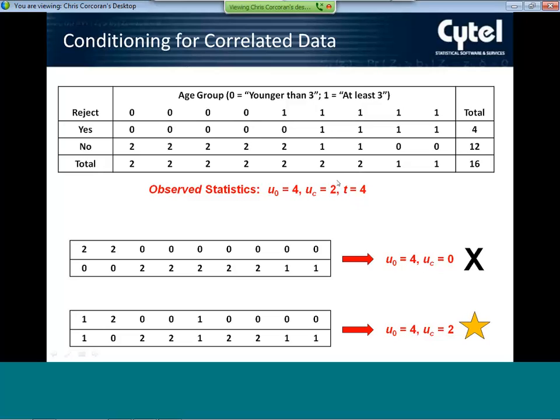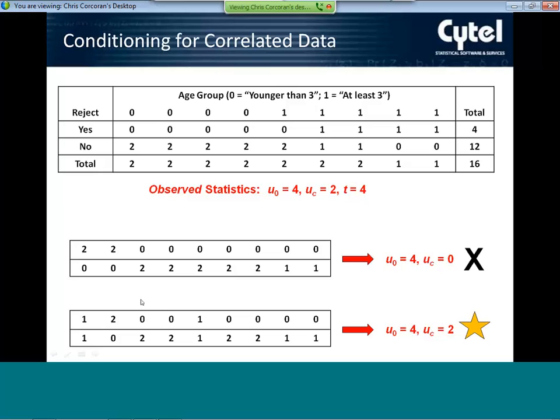This is the value of the test statistic for the observed table, and you can quickly do some arithmetic across this table at the bottom to compute what the test statistic is in that case. You can see that it's actually equal to 0.